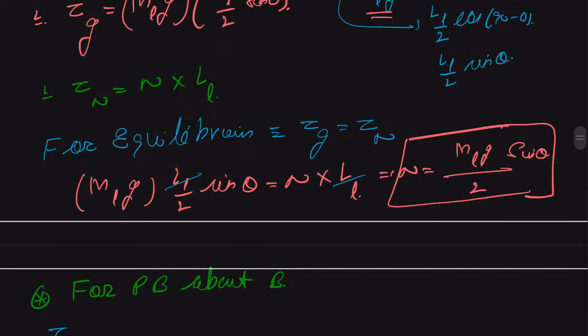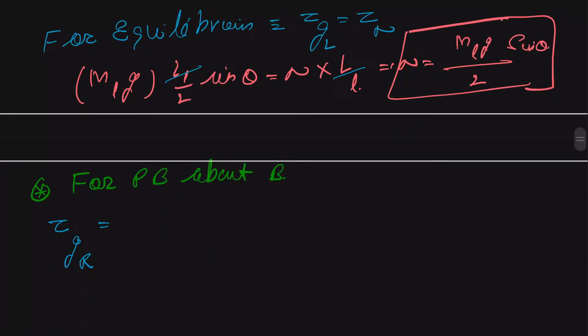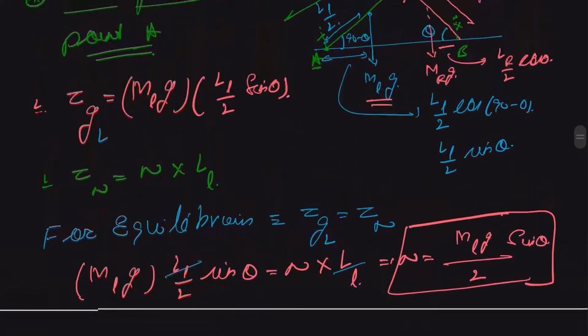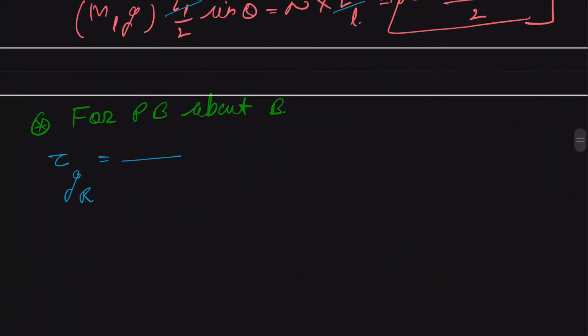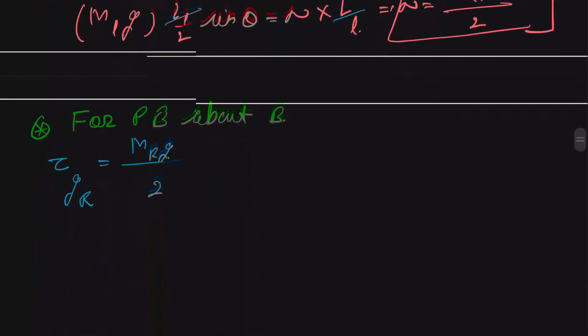Let me write, this is G left and G left. So it will be m right G by 2, and we get this as cos of theta.